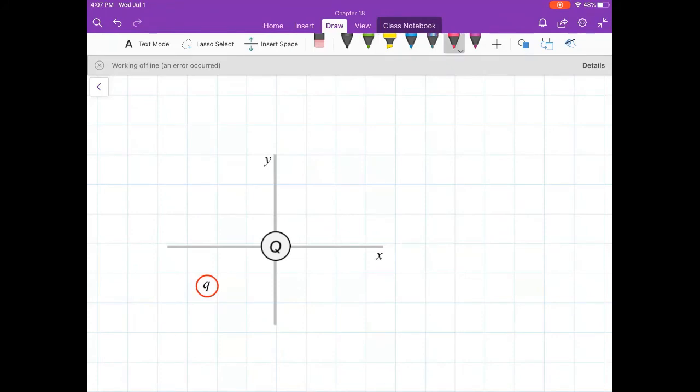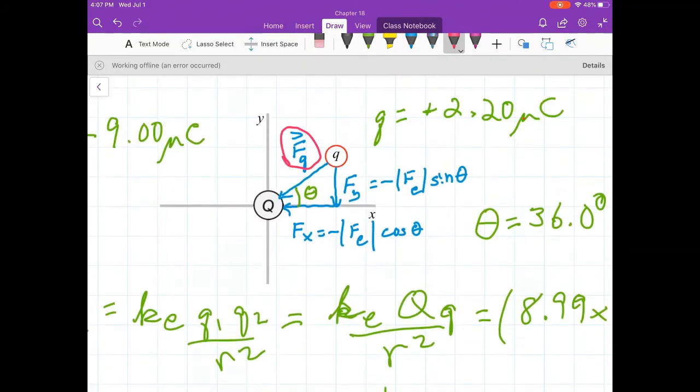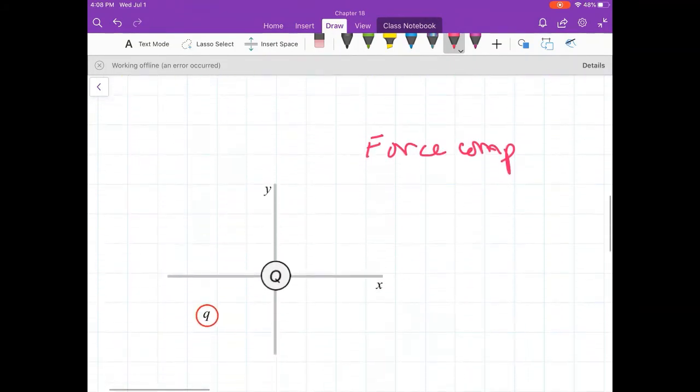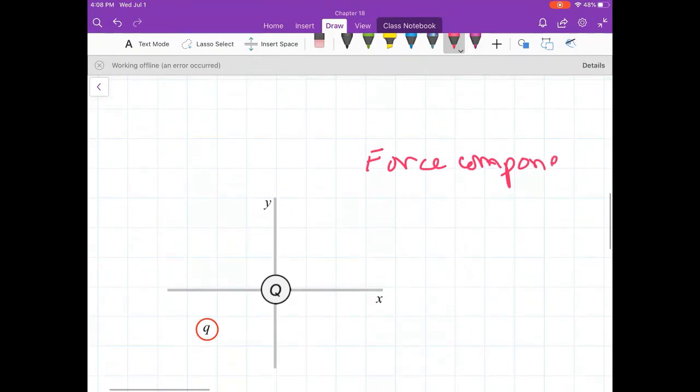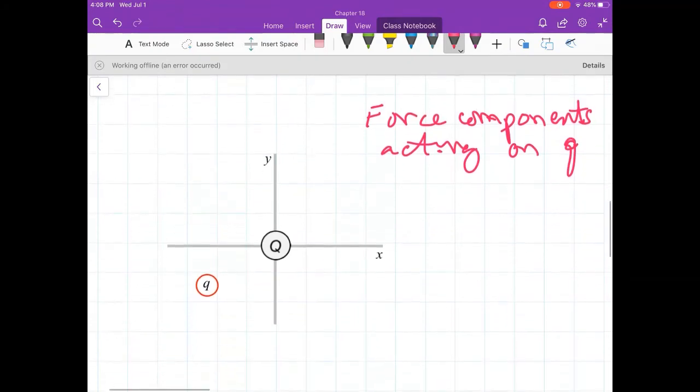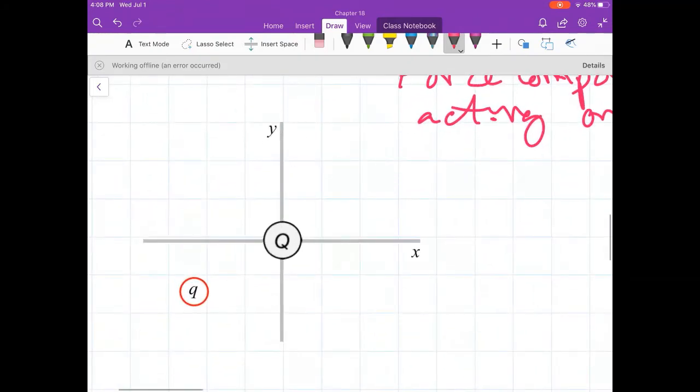Once again, I said the force components that are really acting on Q, this lowercase q. Well, now go ahead and expand this thing out.